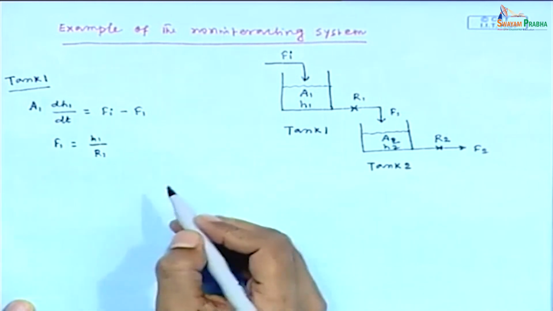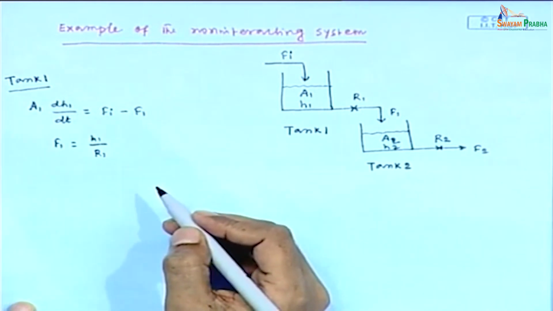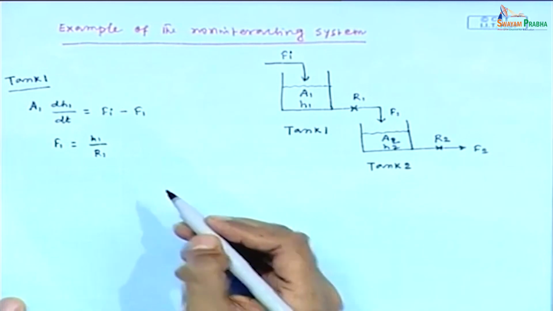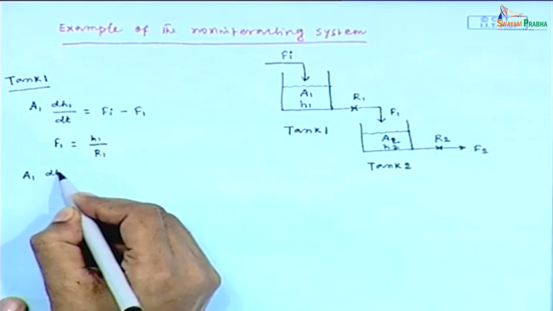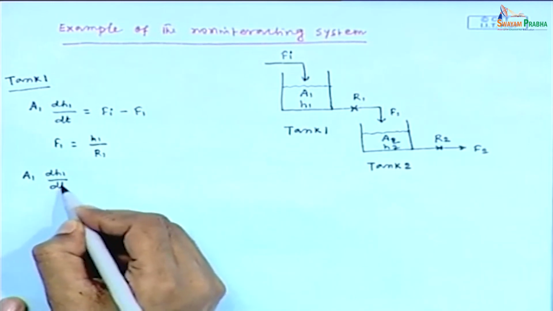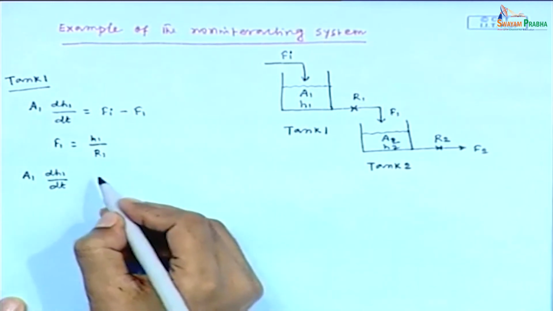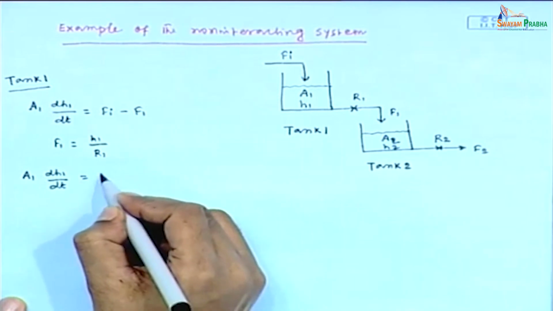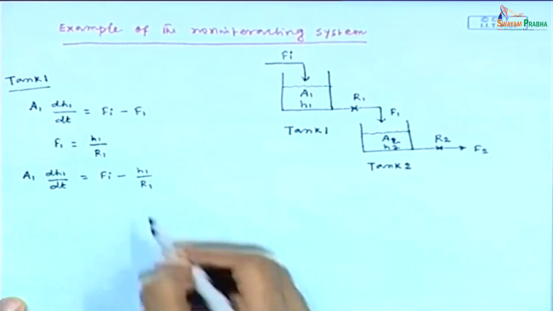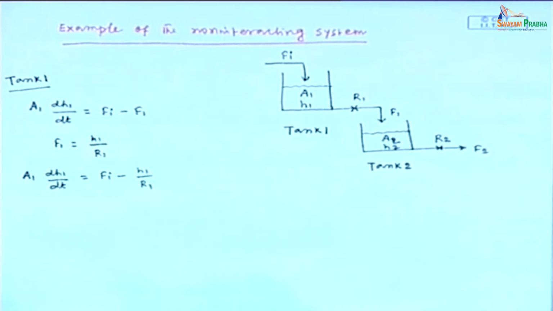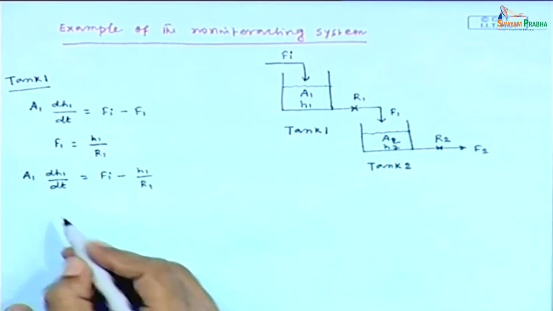If we substitute this F1 equals H1 divided by R1 in the modeling equation, then we have A1 dH1/dt equals Fi minus H1 divided by R1. Substituting the expression of F1, we finally get this.